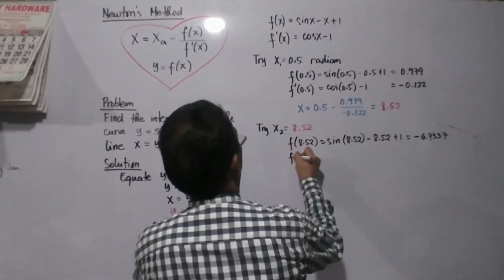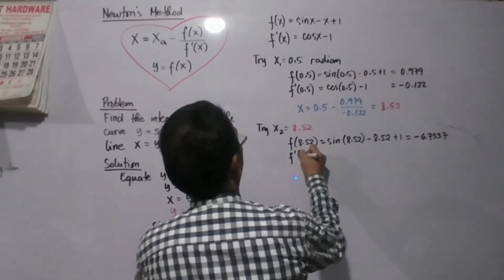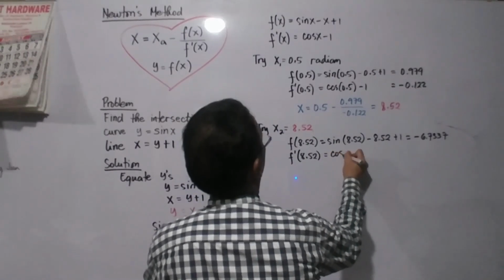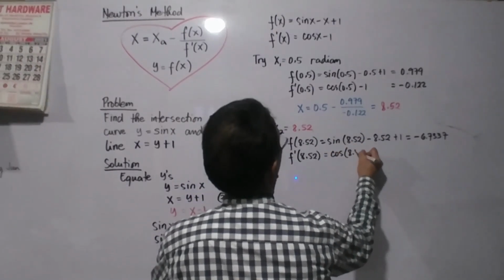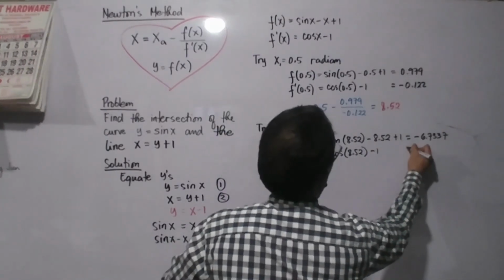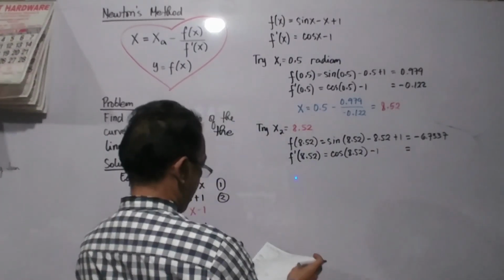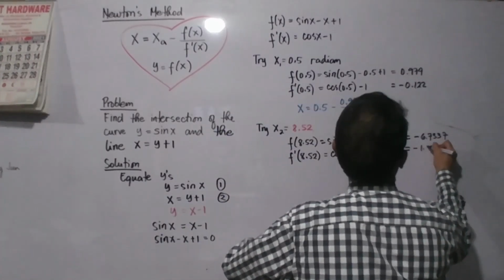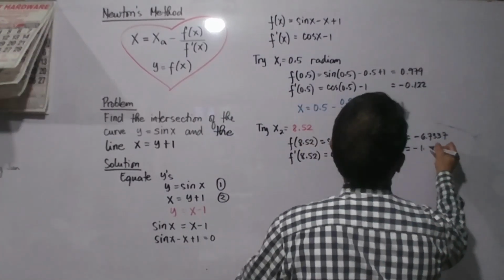For the first derivative, you have now negative 1.618.